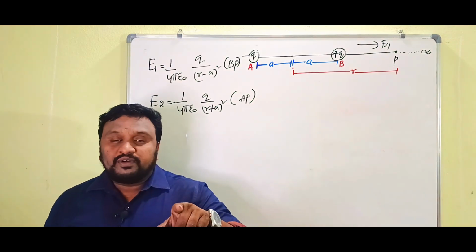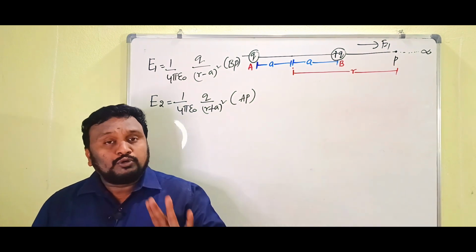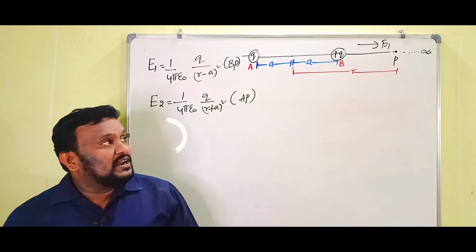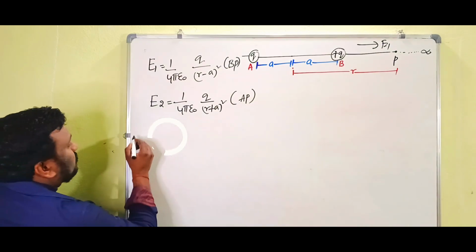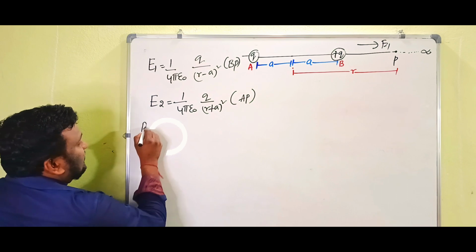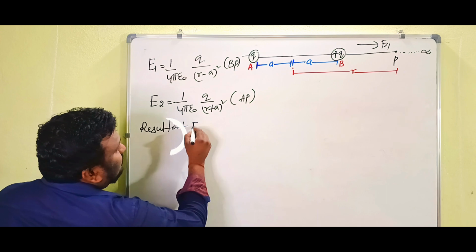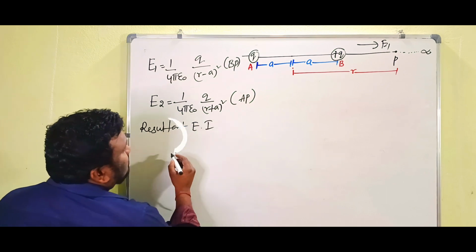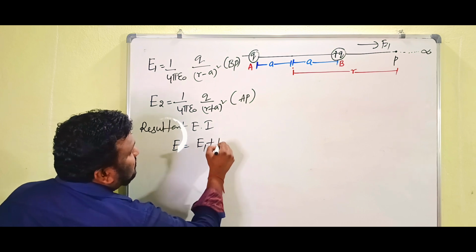Children, up to now what we discussed is E1 and E2. Now we have to go for the resultant electric field intensity at the point P. That is how we can write E is equals to E1 plus E2.